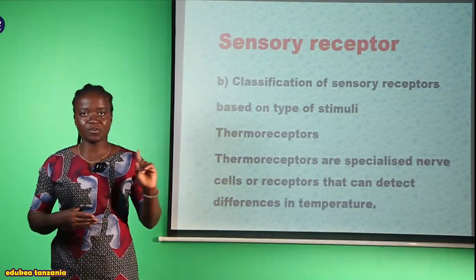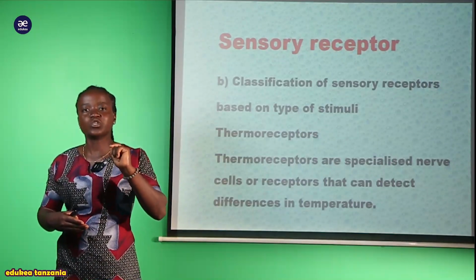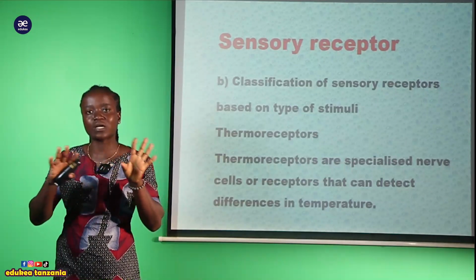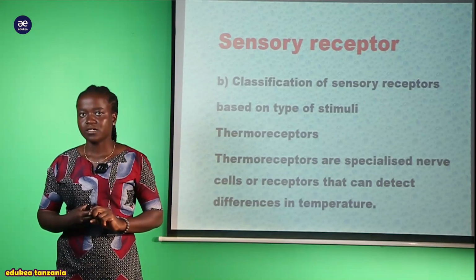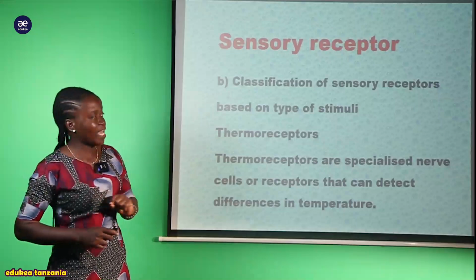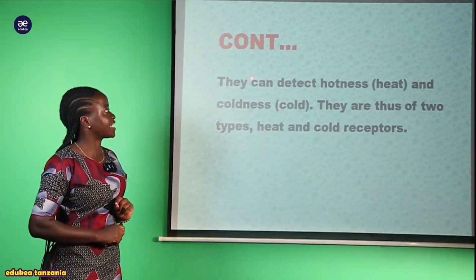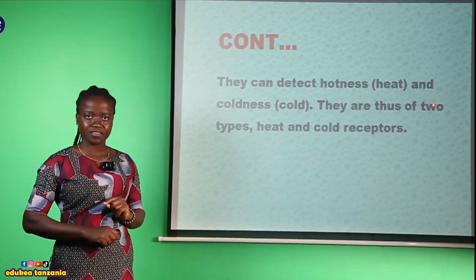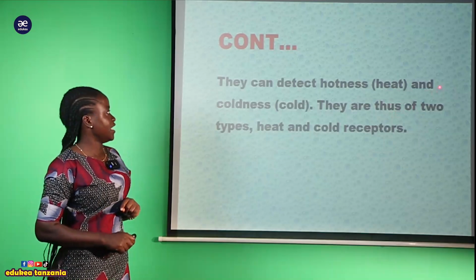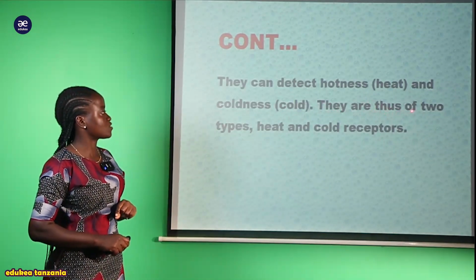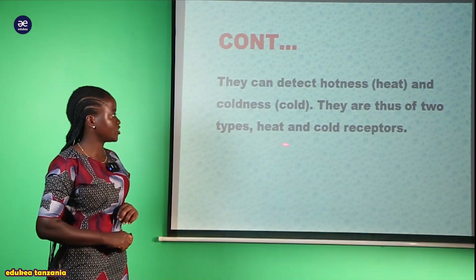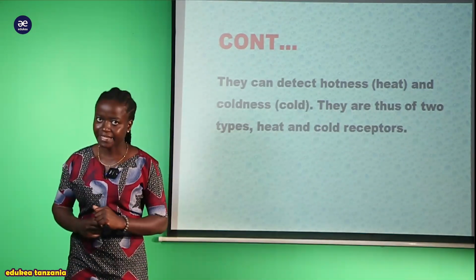These thermoreceptors are there for detecting the changes occurring within the environment, specifically temperature. They can detect hotness, that is heat, and coldness, that is cold. So they are of two types, that is heat and cold receptor.